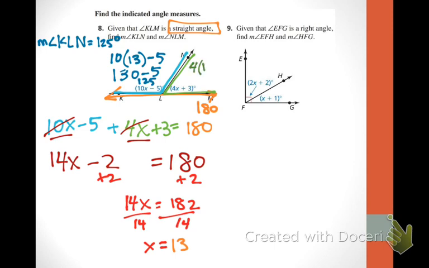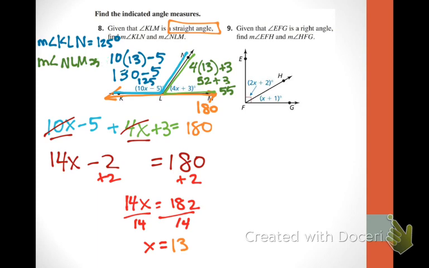Do the same thing over here. 4 times 13. What is it? Plus 3. What's 4 times 13? 52. Plus 3 is 55. So the measure of angle NLM is 55.